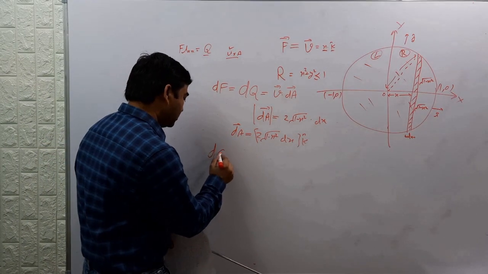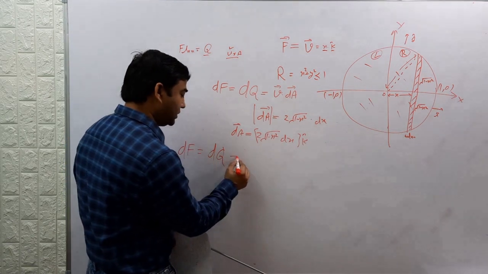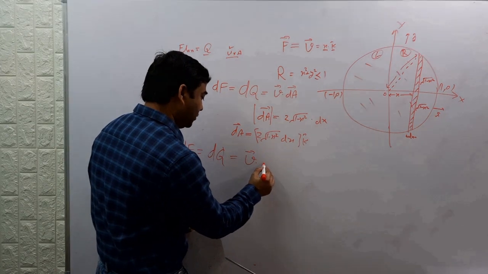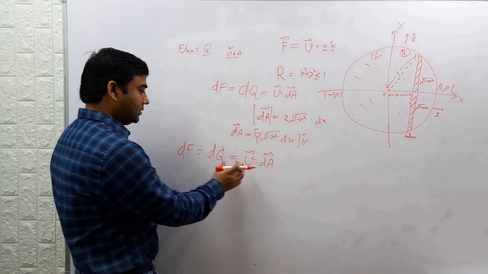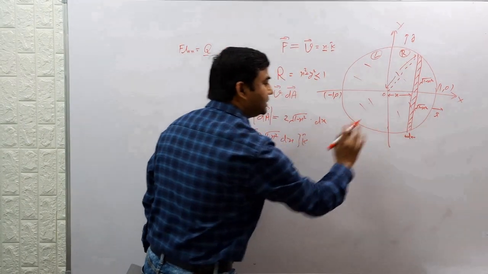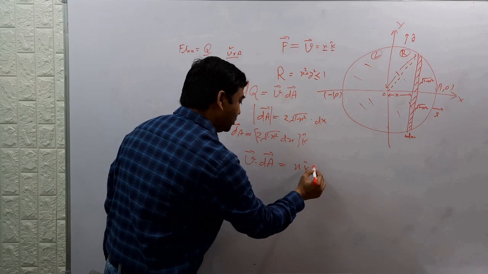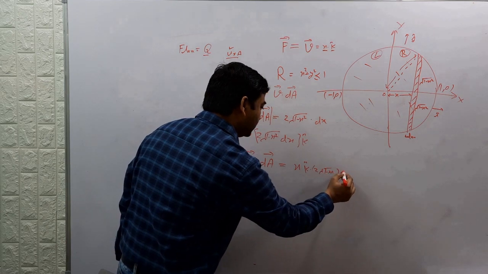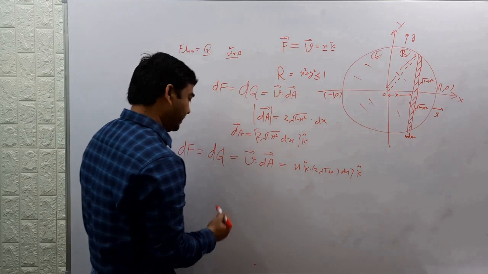Now dq, flux dF or dq, flux through this small area, the flow through this small area, is nothing but V dot dA. We have assumed velocity constant throughout this thin strip. So this is x k dot 2 under root 1 minus x square dx k. k dot k is 1.